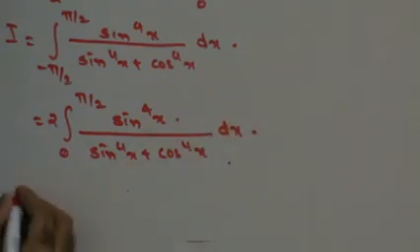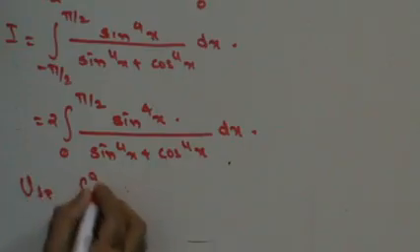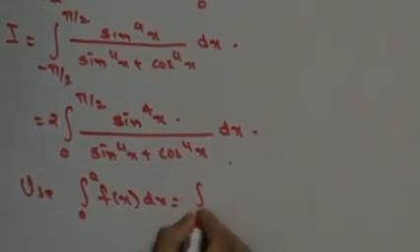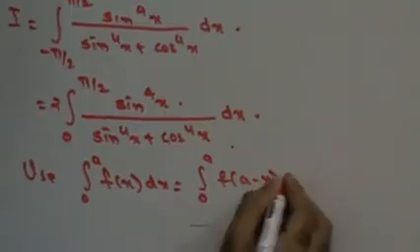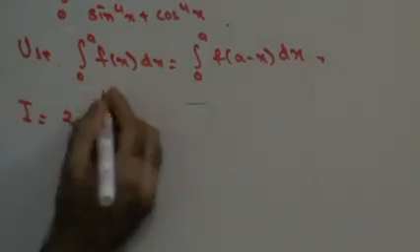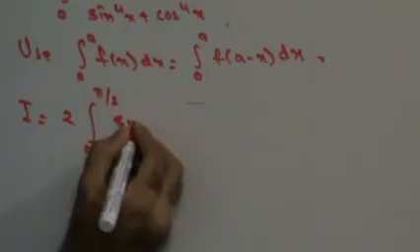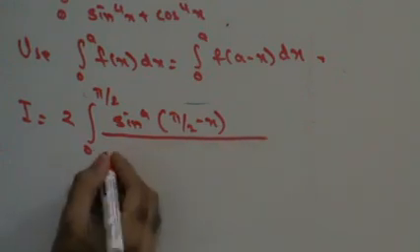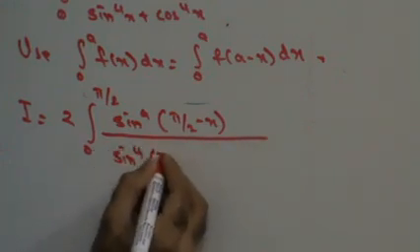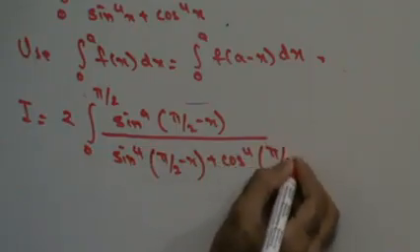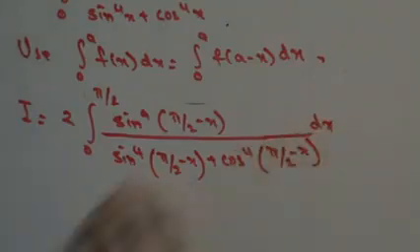Now here you could use the formula integral of 0 to a f of x dx is nothing but integral of 0 to a f of a minus x dx. So I can say I is twice integral of 0 to pi by 2 sine raised to 4 of pi by 2 minus x upon sine raised to 4 of pi by 2 minus x plus cos raised to 4 of pi by 2 minus x dx.